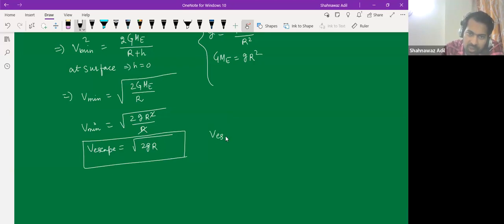V escape for Earth is root of 2gR. g is 9.8 meter per second square. R is how much? 6,400 kilometers, right?